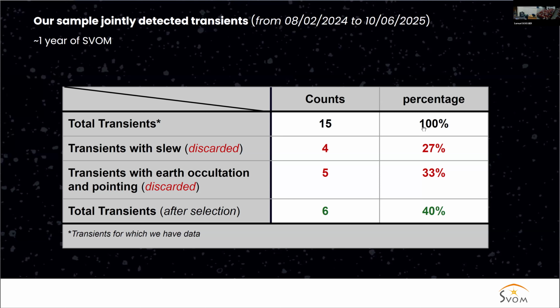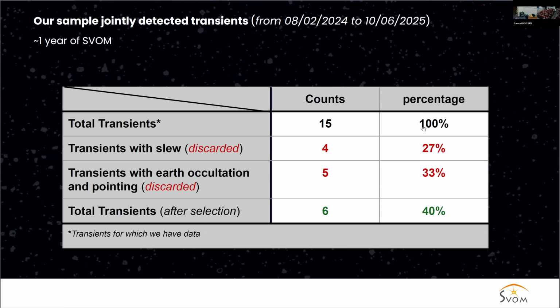And as I said, due to the overall effect of the operations, you already discard 6 because there was a slew in EP-WXT, and you have 5 others that you discard because of Earth occultation or different pointing. Basically, EP was not on the target at the moment of the prompt emission and just came late or just flew to a different location.